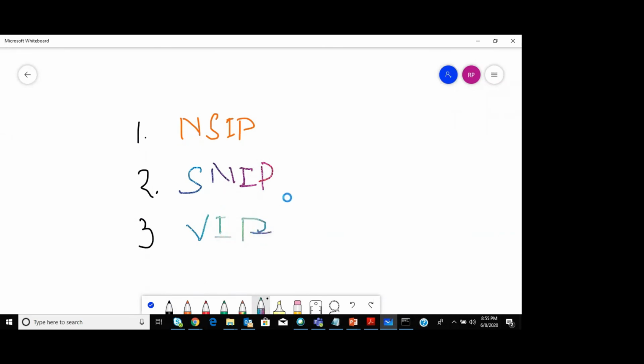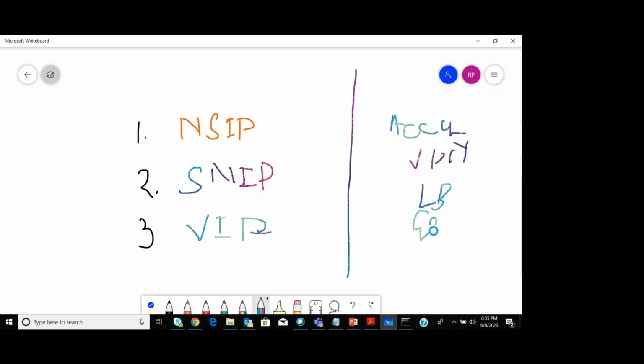So these 3 IPs are required to configure your Citrix NetScaler ADC and also to configure the services, as we already talked about, like Access Gateway, VPN, load balancing, GSLB, firewall, router, switches, a lot of things. Unlimited options are available with Citrix NetScaler, but our focus should be as per our project requirement.